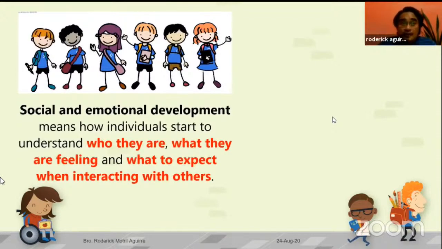Kids also need to understand that when they enter the house of another person or someone else's house, they're not supposed to behave like it's their house. So these are some of the behaviors that we need our kids to be able to adjust to.